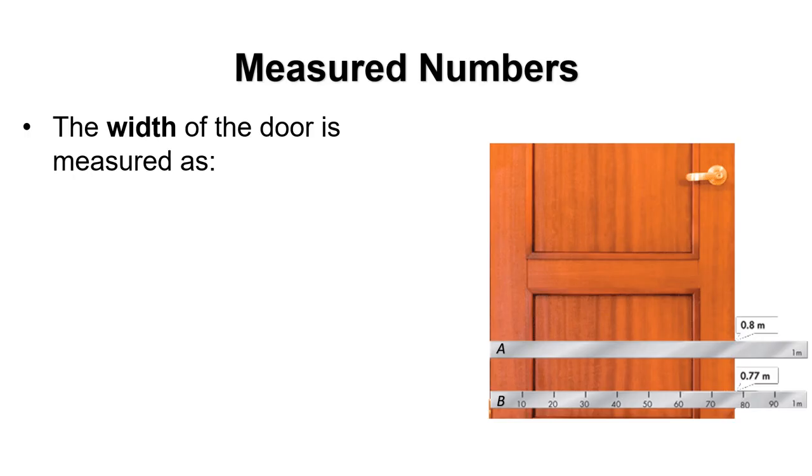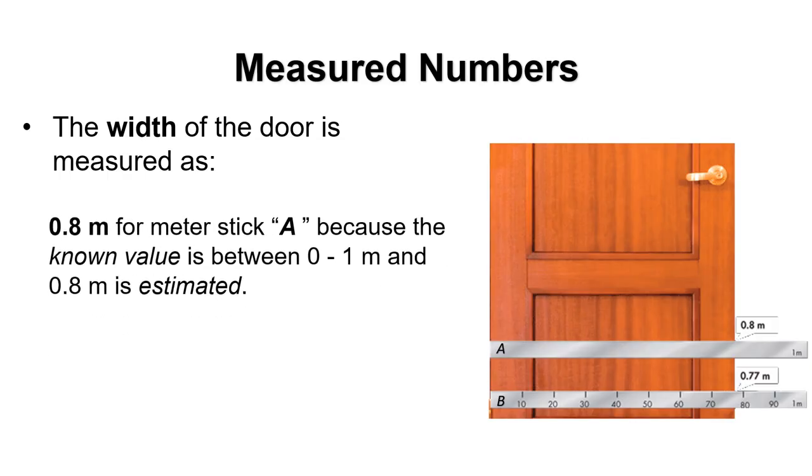The width of the door is measured as, look into that door and look at tape A and tape B, 0.8 meters. That is how the width of the door is measured. 0.8 meters for meter stick A, because the known value is between 0 and 1.